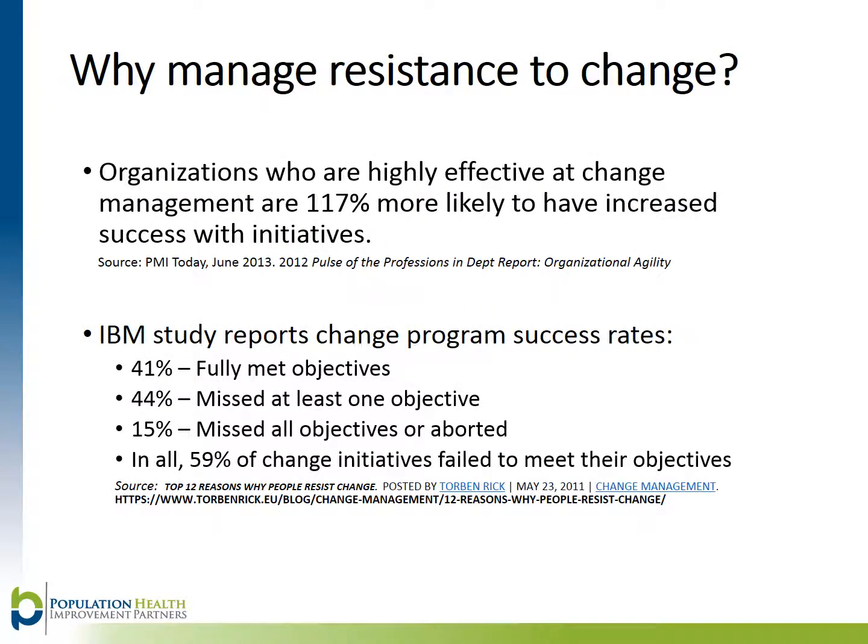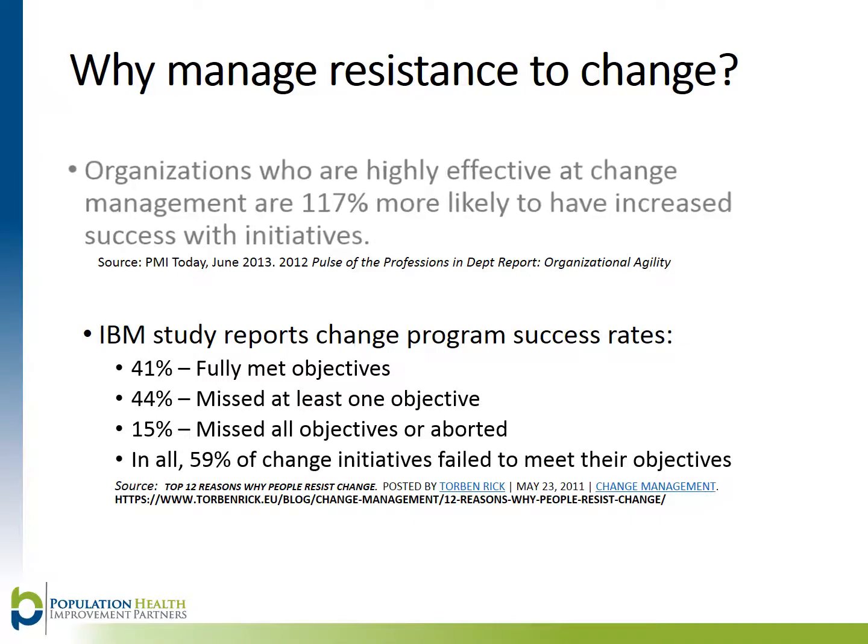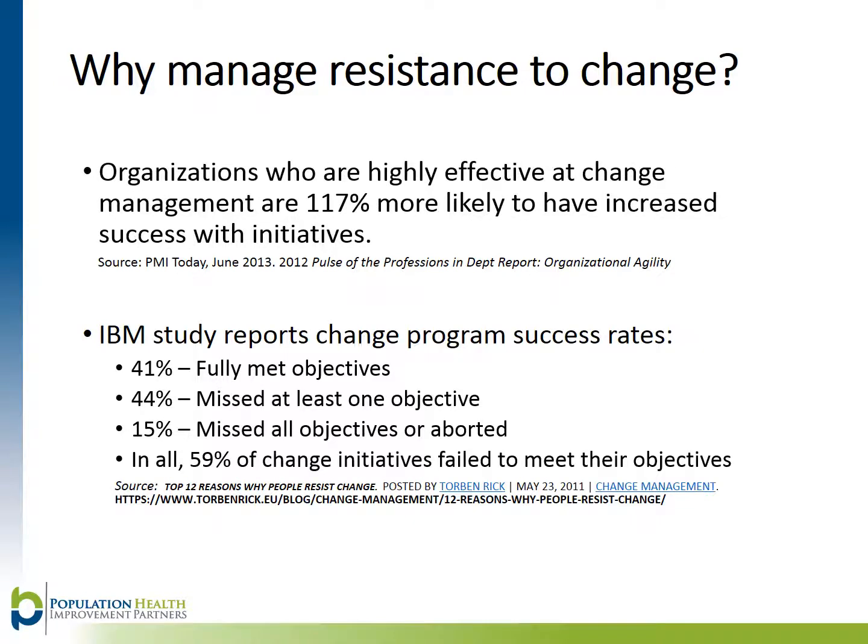Organizations who are highly effective at change management are 117% more likely to have increased success with initiatives. Change agents and organizations need to become adept in managing change to achieve these kinds of results. An IBM study reports most CEOs consider themselves and their organizations largely ineffective at bringing about change.